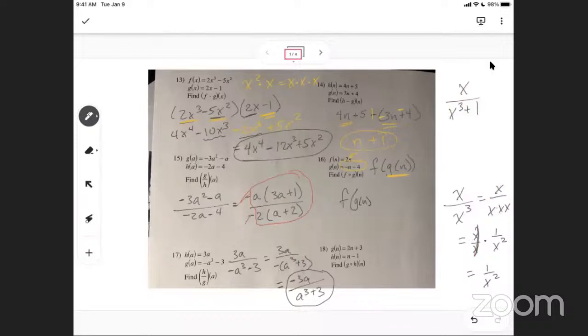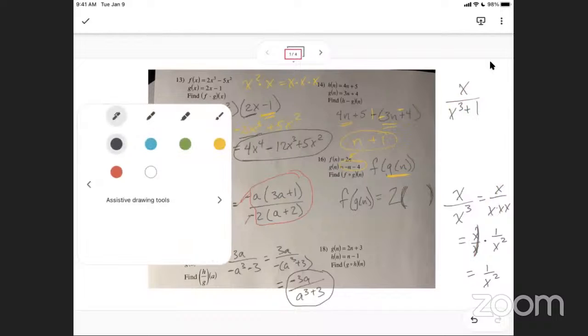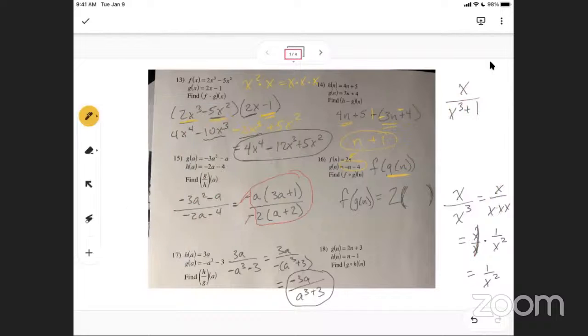So f of g of n equals, I'm going to write my f function, but instead of writing n, I'm going to use a parentheses here. And now I'm going to plug in g of n into there. And what is g of n? Negative n minus 4. Yep.